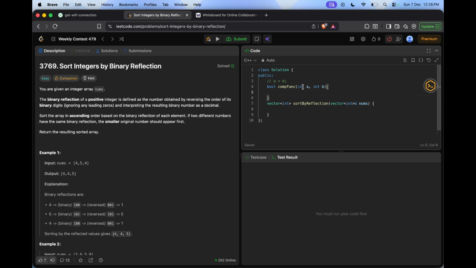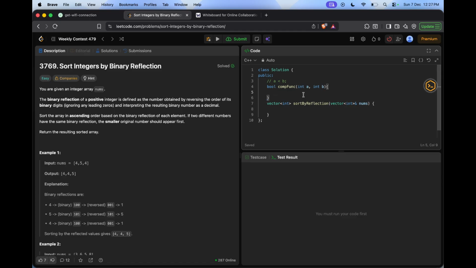If this condition is true, then the number will be swapped, else it won't be swapped. So if you want ascending order, return a smaller than b, else return a greater than b.